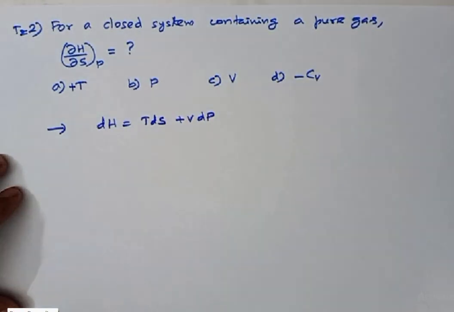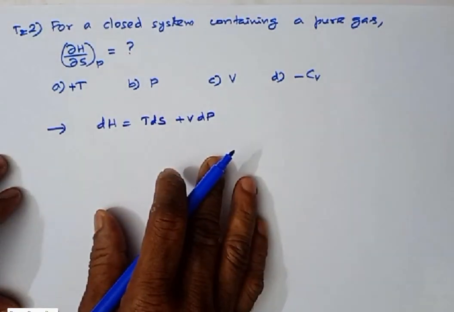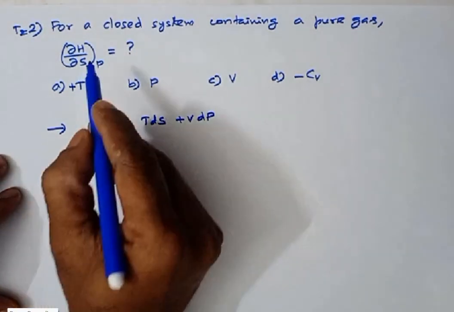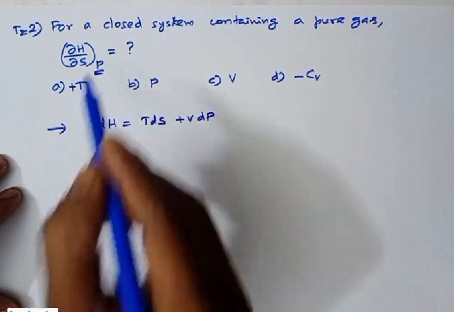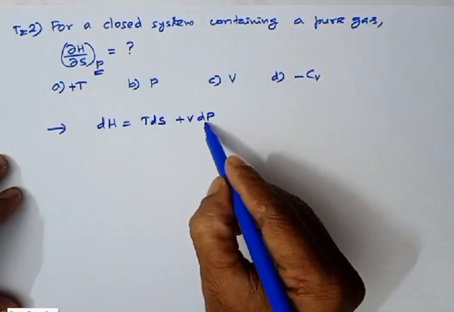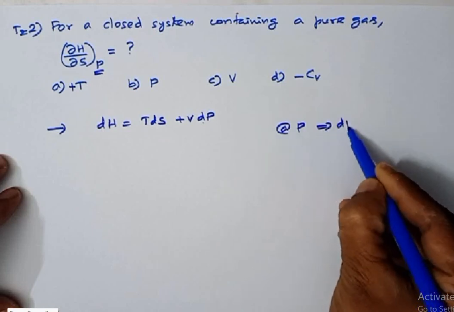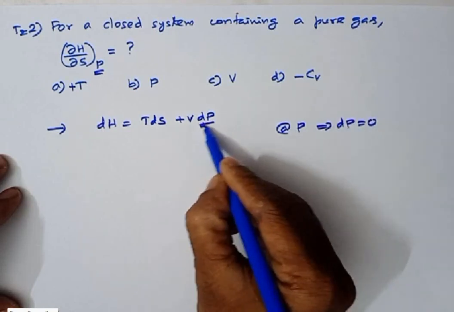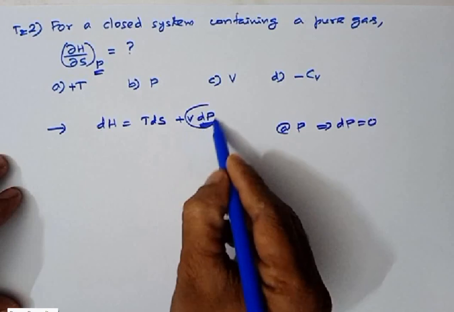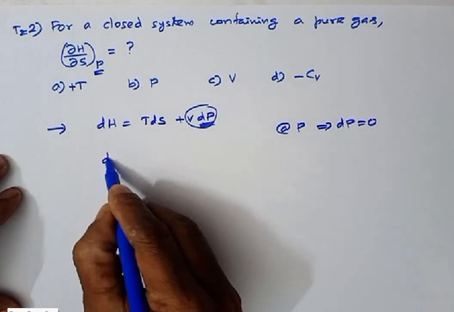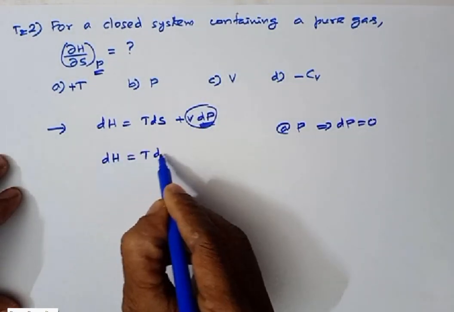Now we should keep pressure constant. Constant pressure means dP is 0. If dP is 0, this entire term becomes 0, so you will get dH equals TdS.